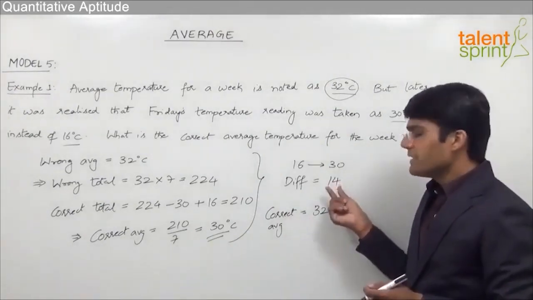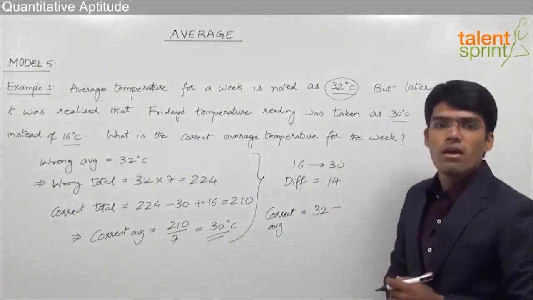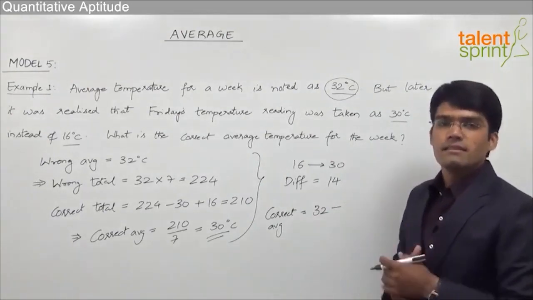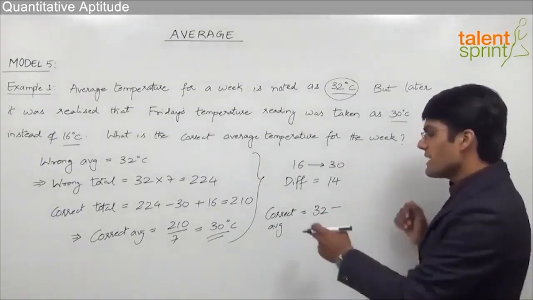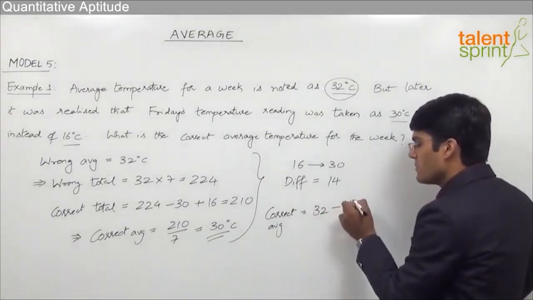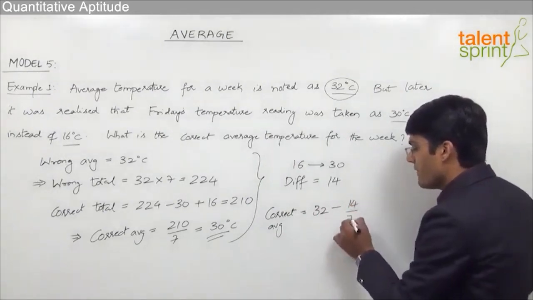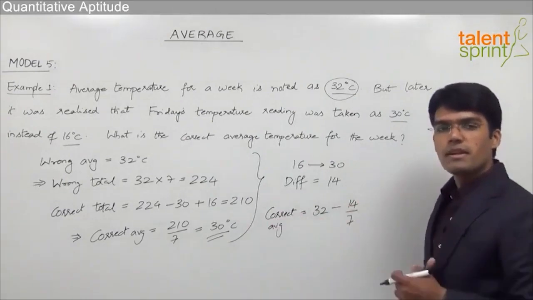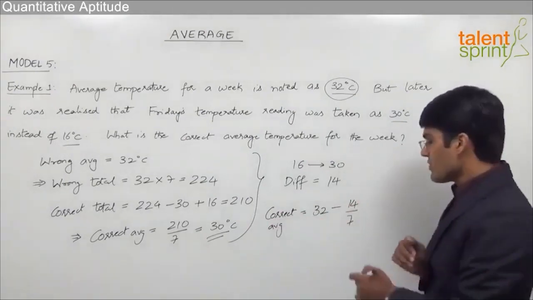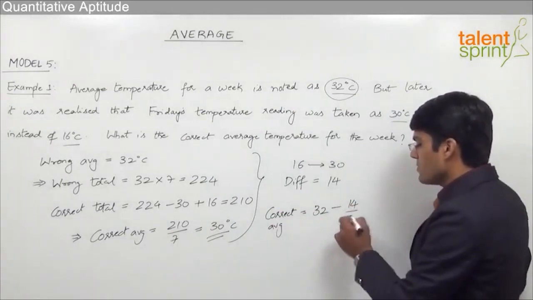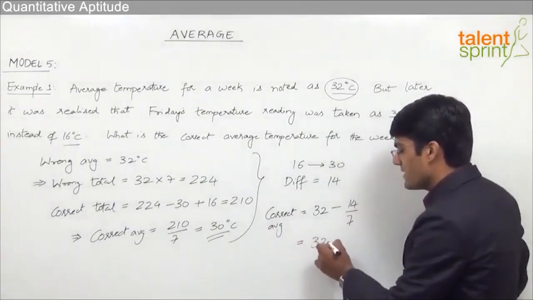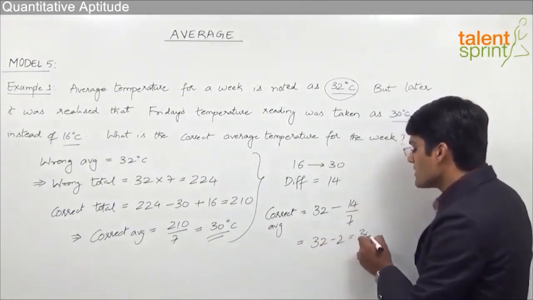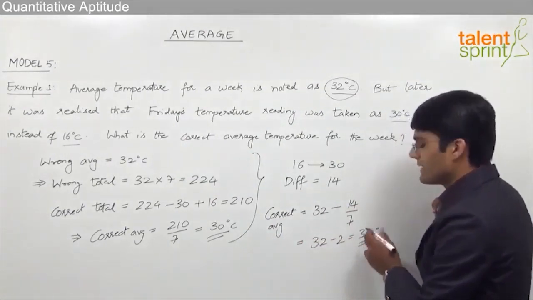So this 14 degrees should be divided equally among all the 7 days, and then the reading is to be subtracted. So we can say that the correct average should be 32 minus 14 divided by 7, as this 14 degrees is to be equally distributed among all the 7 days. So 14 by 7 is equal to 2. So we can say that the correct average is 32 minus 2, which is equals to 30 degrees centigrade.